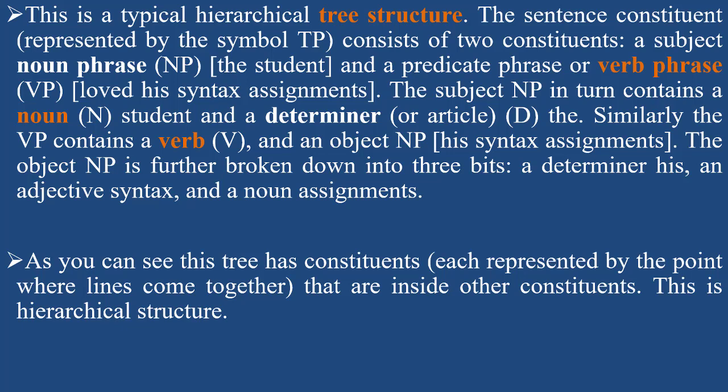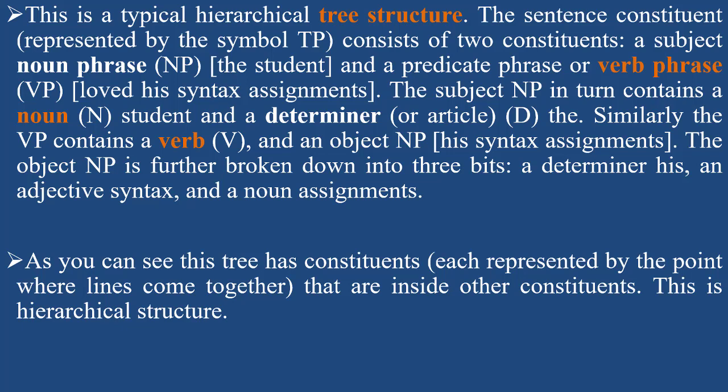The subject NP in turn contains a noun, student, and a determiner or article, which is the. Similarly, the VP contains a verb and an object NP, which is his syntax assignment.